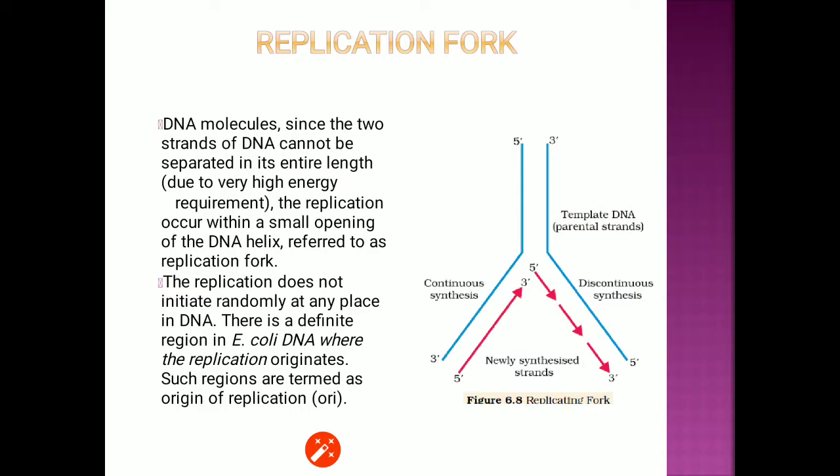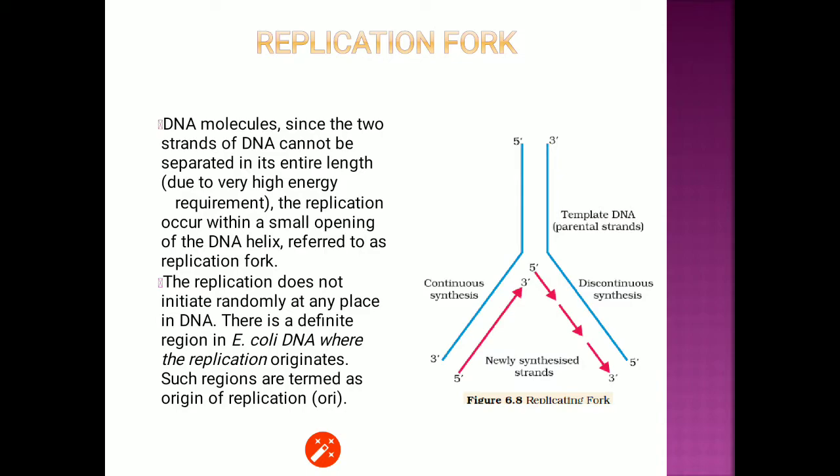So to get a perfect polarity and complementation, the newly synthesized strand will be formed in small segments, and those small segments are termed as the Okazaki fragments, which later on get joined with the help of the DNA ligase enzyme. And the parental strand on which those Okazaki fragments are formed is termed as the lagging strand.